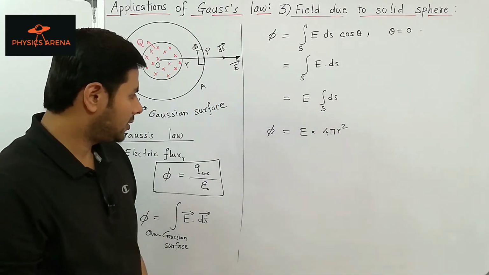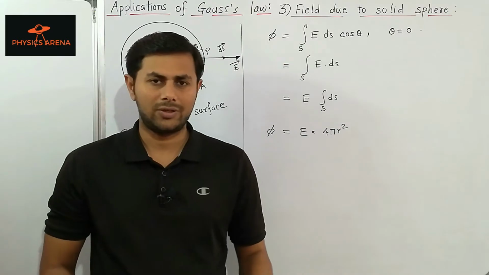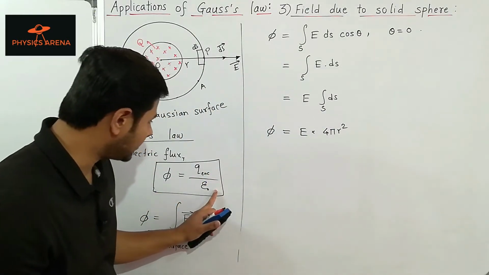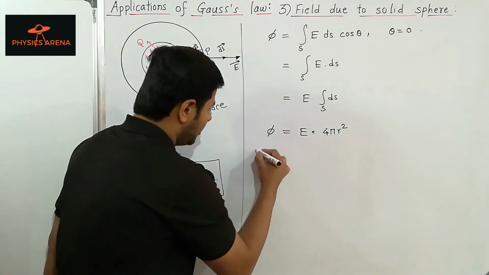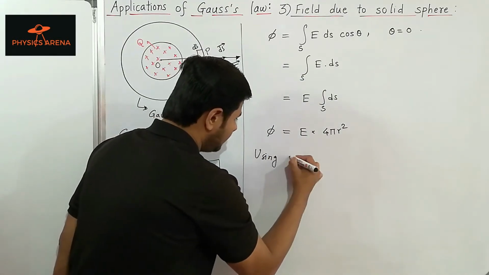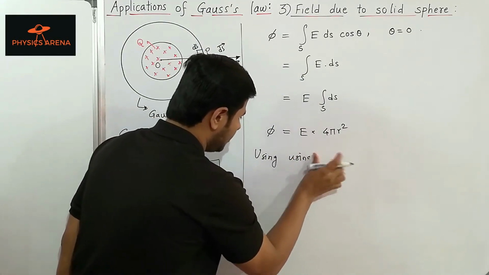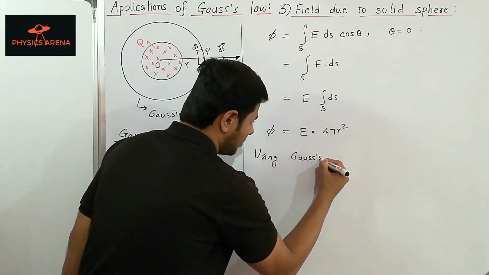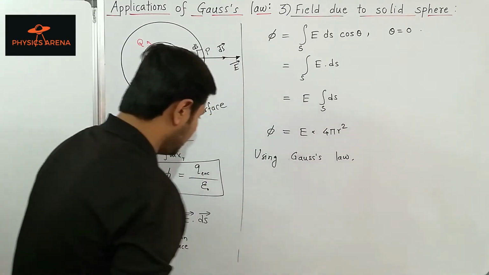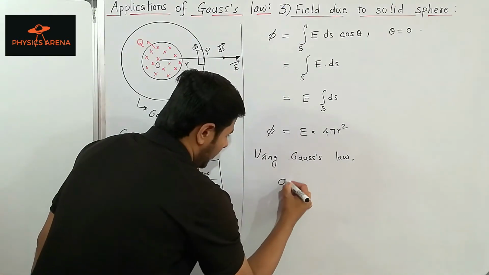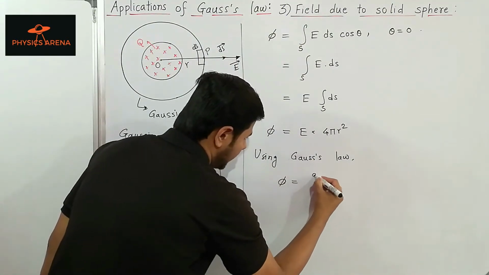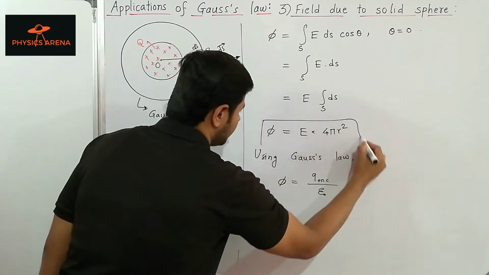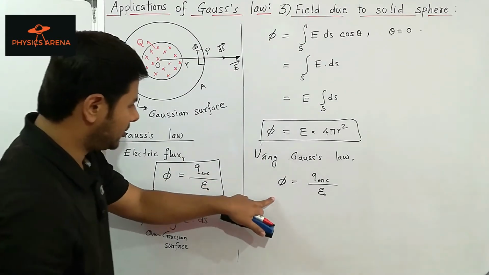Now let's use the Gauss's law, and Gauss's law says that the flux is equal to charge enclosed divided by epsilon naught. So using Gauss's law, we have phi equal to charge enclosed divided by epsilon naught, and let's substitute this phi here.